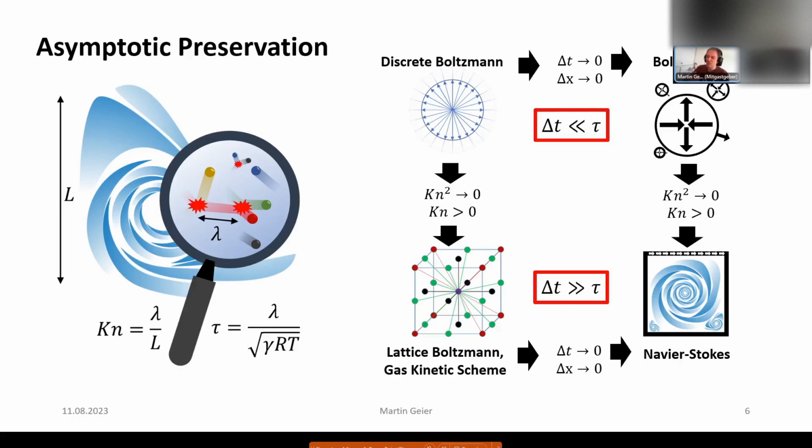And the bottom line of an asymptotic preserving method is that if you are not interested in large Knudsen numbers, if you actually want to solve the fluid dynamic problem with a kinetic method, this is why we call it kinetic fluid dynamics, you can also make the time step and the grid spacing larger than the mean free path and the mean free time, actually in the same order of magnitude as if you would solve the Navier-Stokes equation directly.